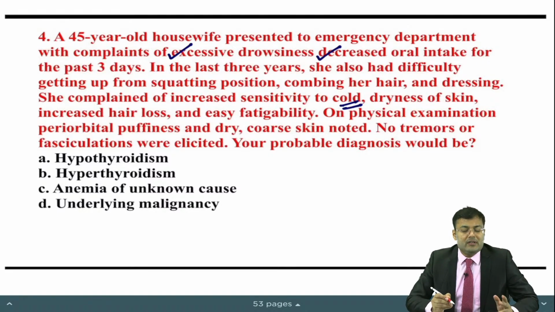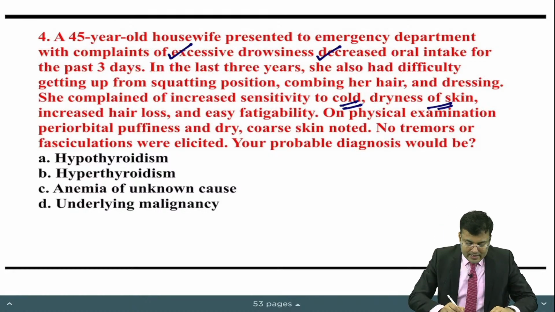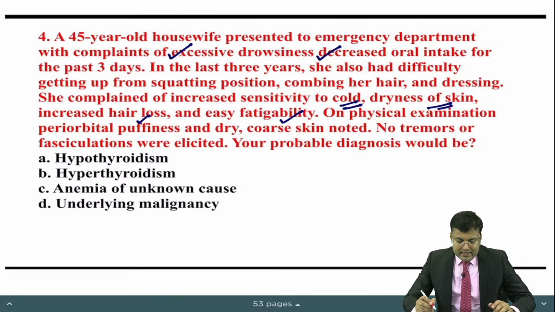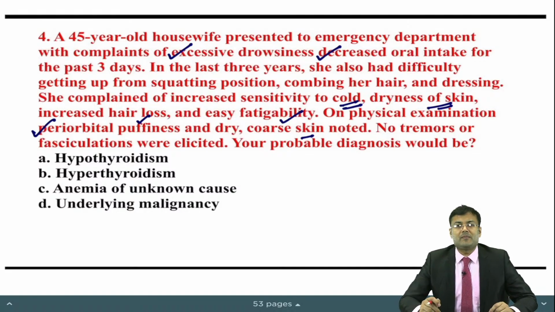There is cold sensitivity, skin dryness, increased hair loss, easy fatigability. On physical examination, periorbital puffiness, dry and coarse skin was noted. No tremors or fasciculations. What is your diagnosis?